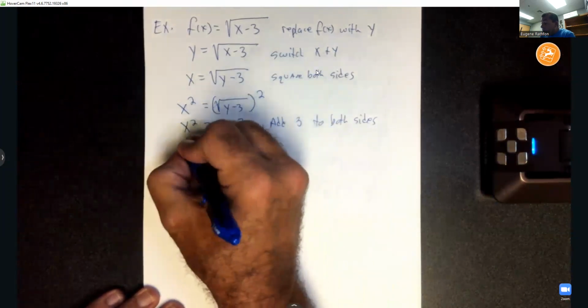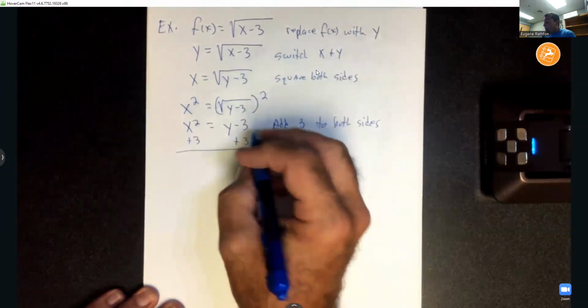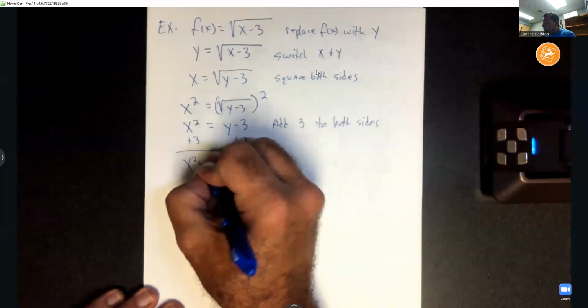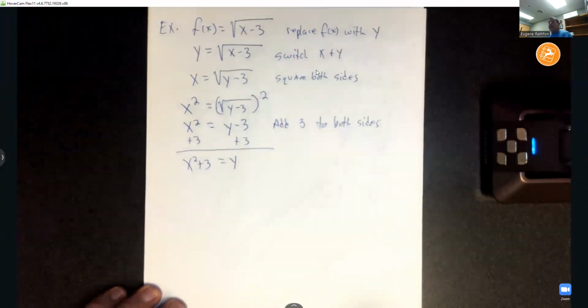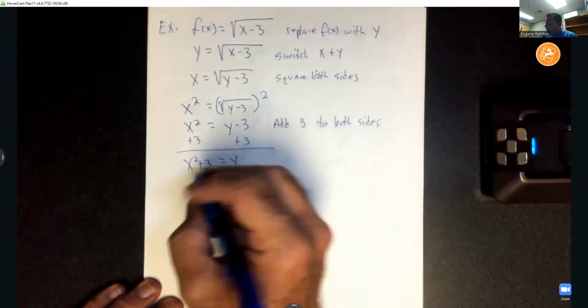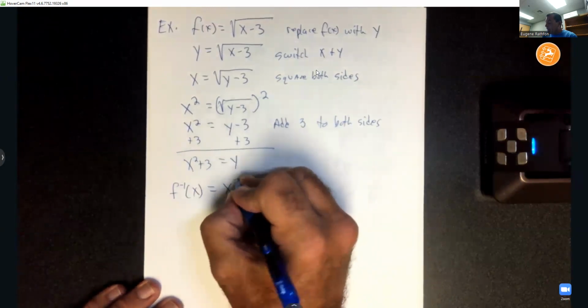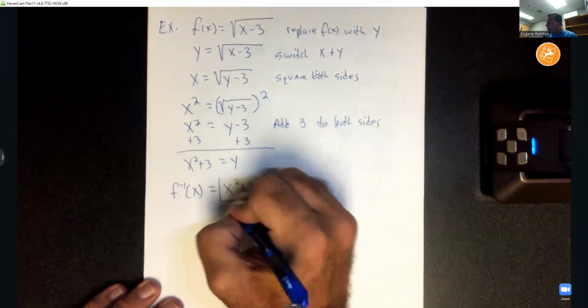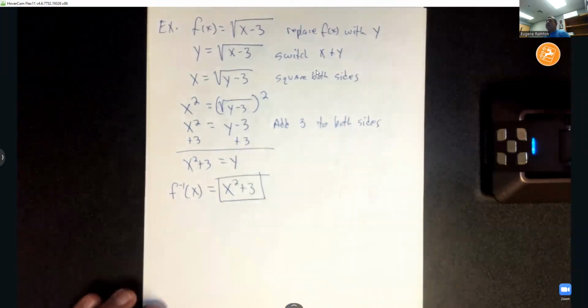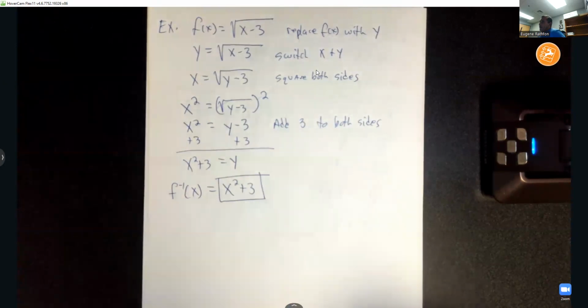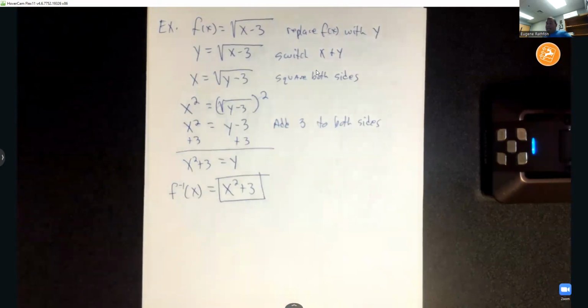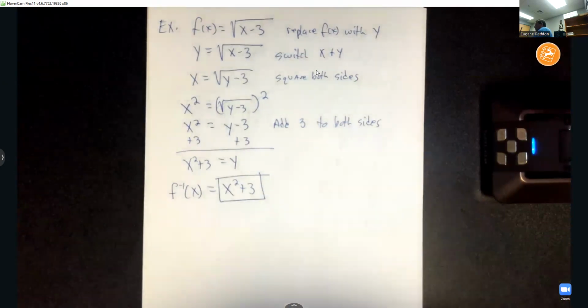So you added 3, it looks like. So there you go. You get x squared plus 3 equals the y. Good job. And then I'm just going to turn that into f inverse and put in an x squared plus 3. It's sort of tricky for y'all having to write all these on that chat, right? With the exponents and all that fun stuff we're doing.